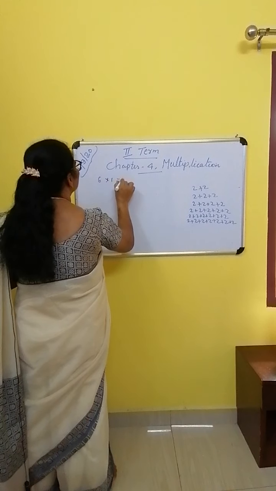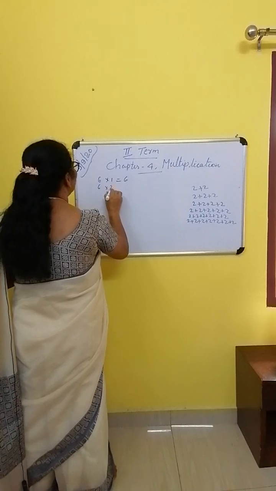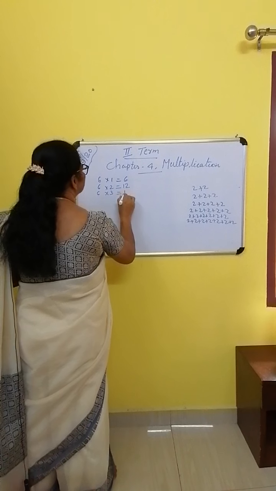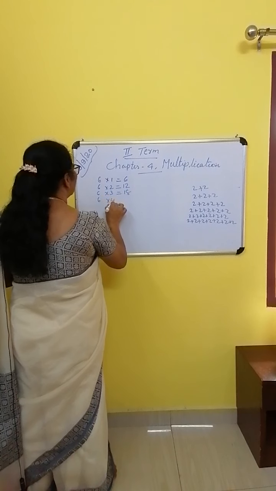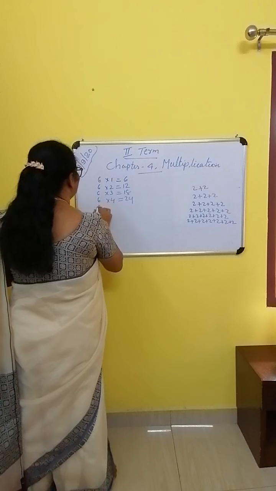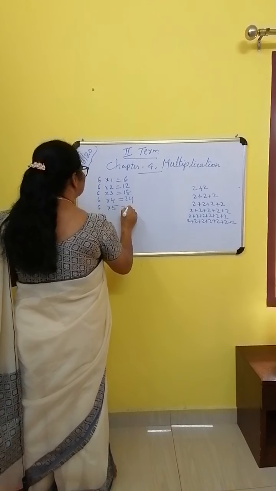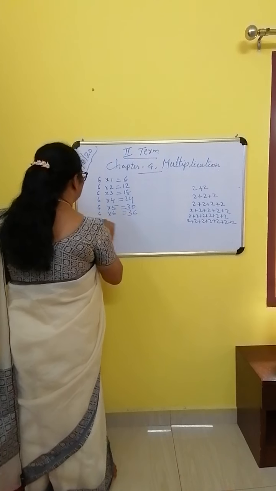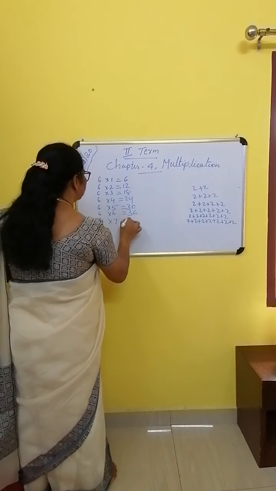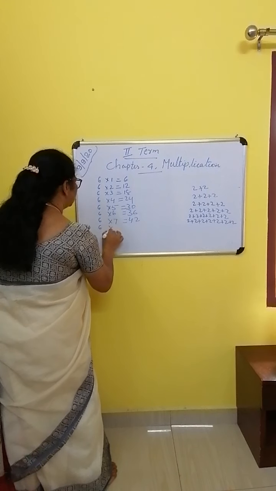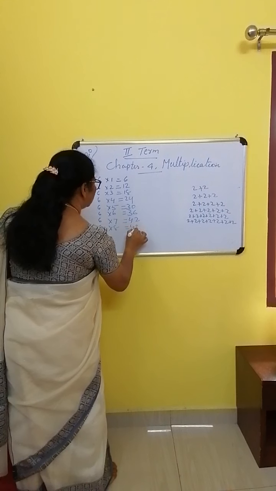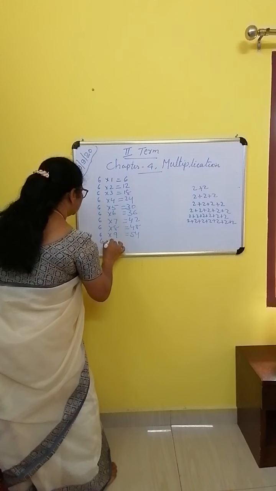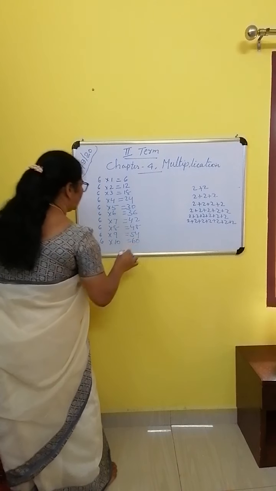Then 6 1 time. 6 2 times. 6 3 times. 6 4 times. 6 5 times. 6 6 times. 6 7 times. 6 8 times. 6 9 times. 6 10 times. Okay.